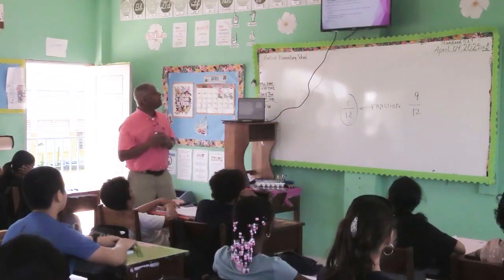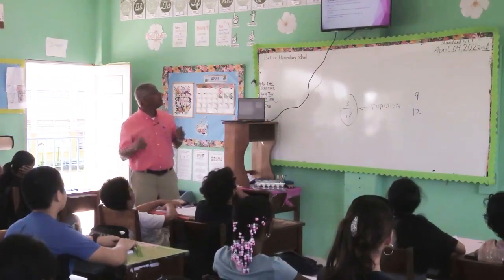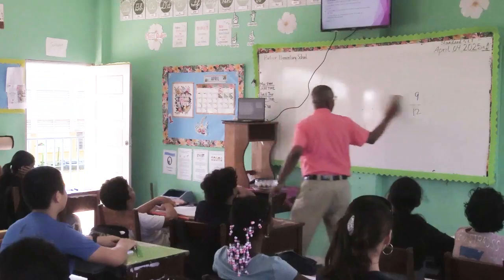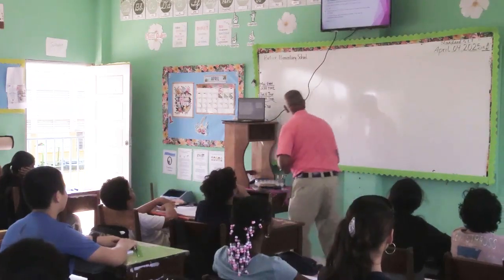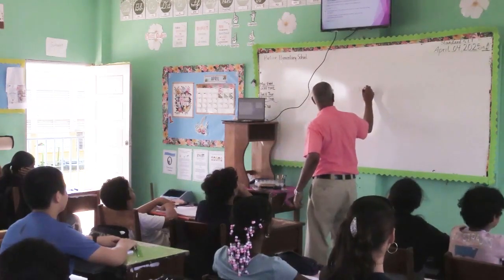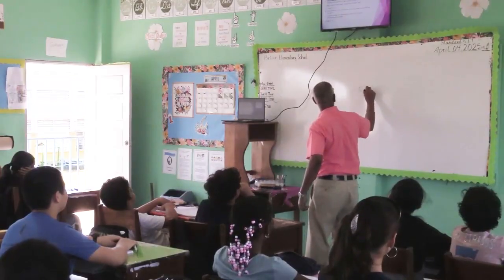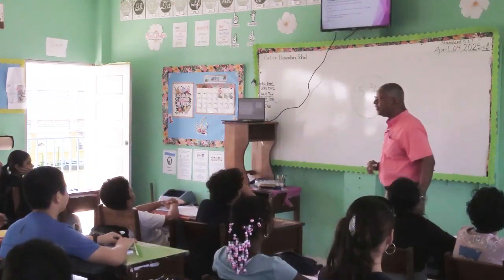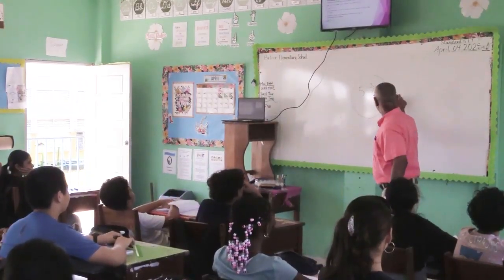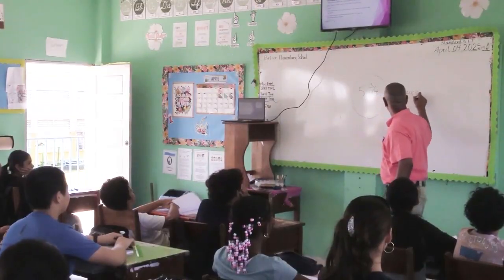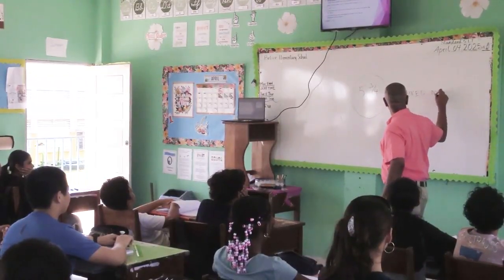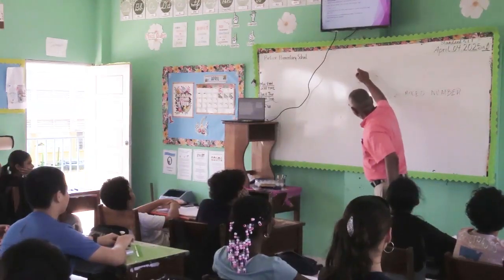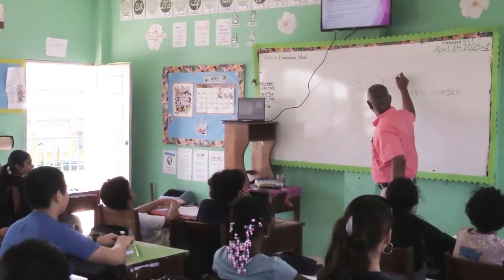So in the example there, the number that they gave you was 5 3/4. This entire number is represented as a mixed number, or sometimes called a mixed fraction. Why? Because it's made up of a whole number in this part and a fraction in this part.